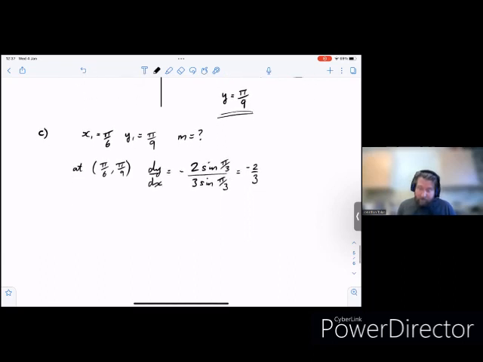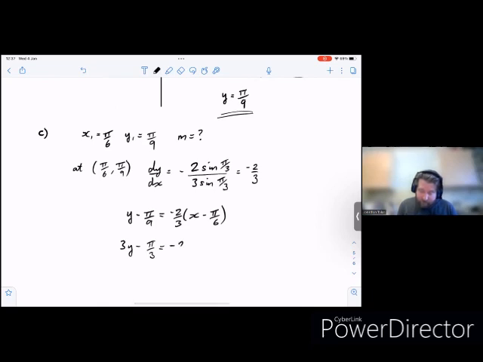So we can now find the equation of the tangent. It's y minus y1 equals m times x minus x1. I'll begin by multiplying through by 3. So we get 3y minus pi over 3 equals, and I'm going to multiply out the right-hand side as well.